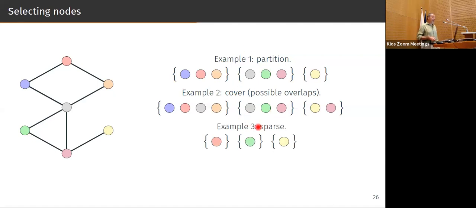A third method, and again these are intuitive but trivial approaches, is to use a sparse approach where you sample from the set of nodes and keep some of them according to some needs. Most of the time these methods are based on some estimate of the density of the nodes with respect to space.